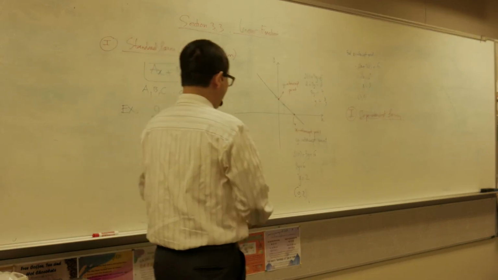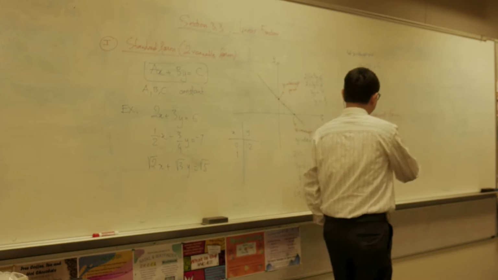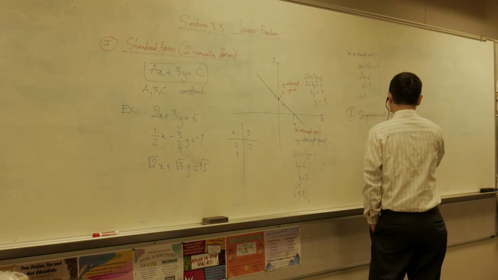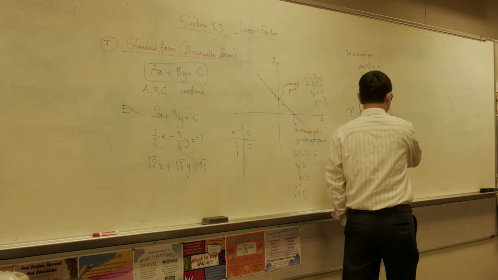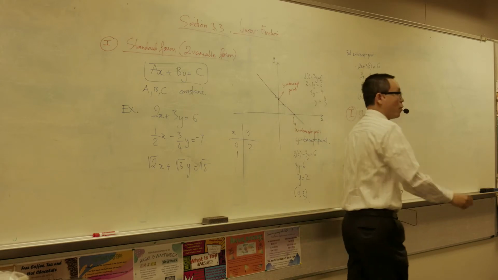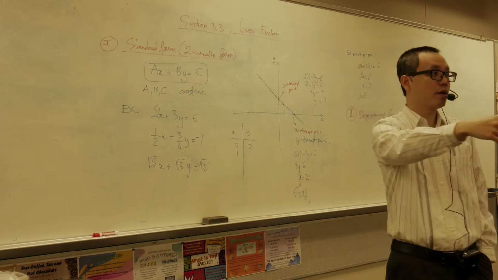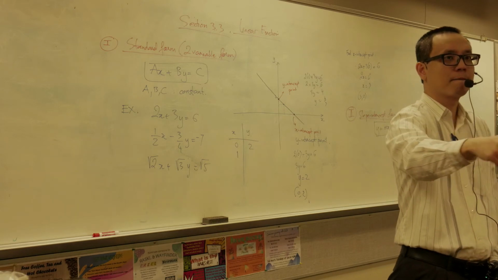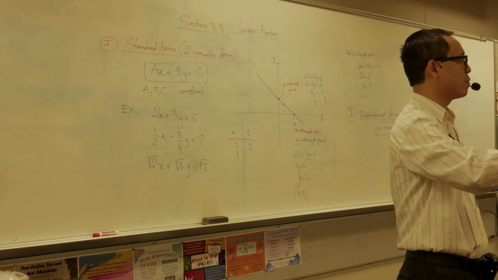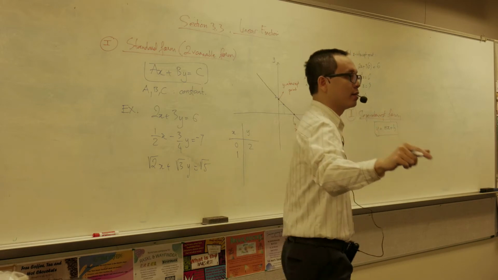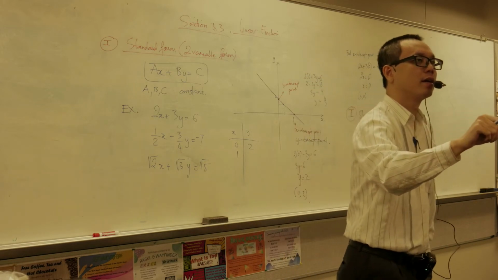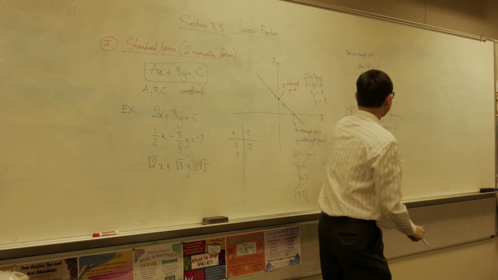So slope-intercept form is y equals mx plus b. And y is equal to what? Last time we already learned function. y equals mx plus b. Yeah, that's the slope-intercept form.